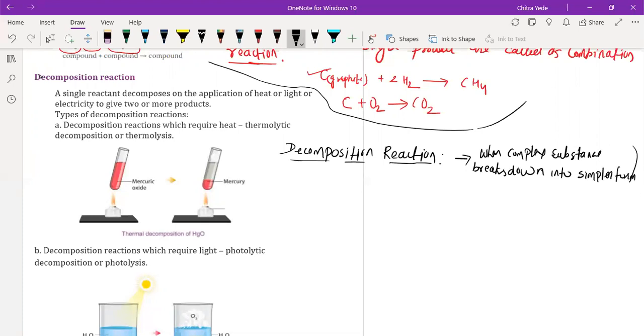This is nothing but the decomposition process, or we can say decomposition reaction. Now I'm going to write the definition.